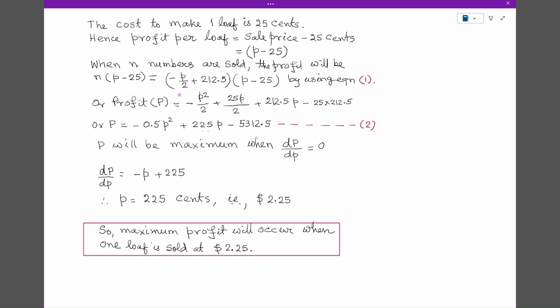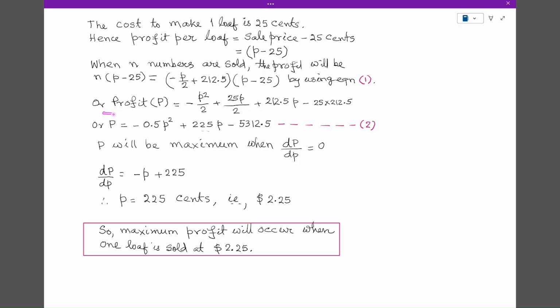Because n is given by equation 1, n multiplied by P minus 25 becomes minus p by 2 plus 212.5, multiplied by p minus 25, and this is the profit.